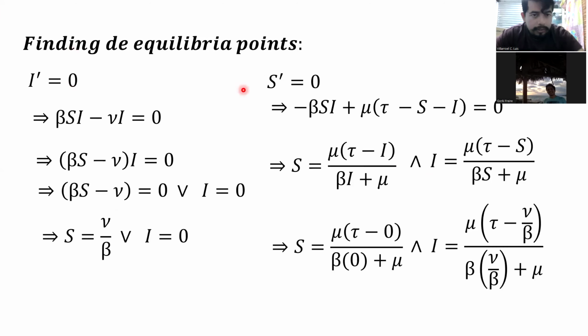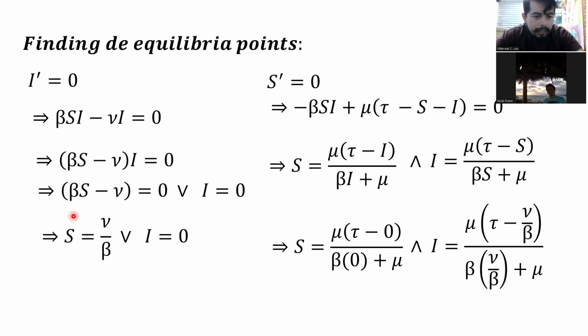And now we are going to find the equilibrium points. I prime is equal to 0 only if beta S I minus B I is equal to 0. We easily see that this implies that B I minus beta S I is equal to 0, and this implies that beta S minus B is equal to 0 or I is equal to 0.